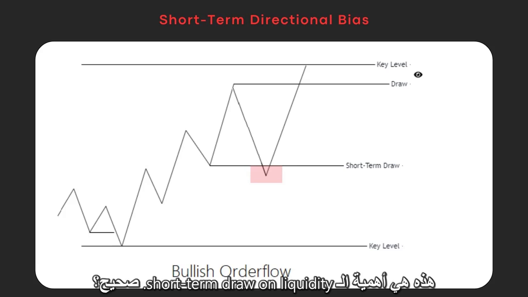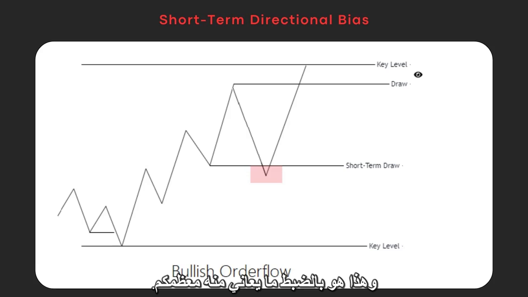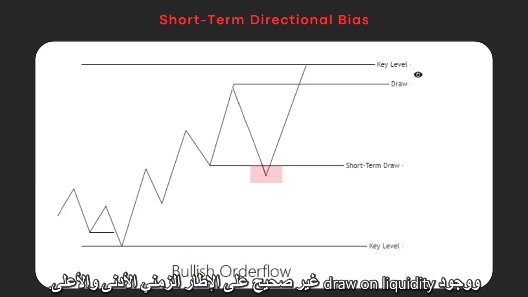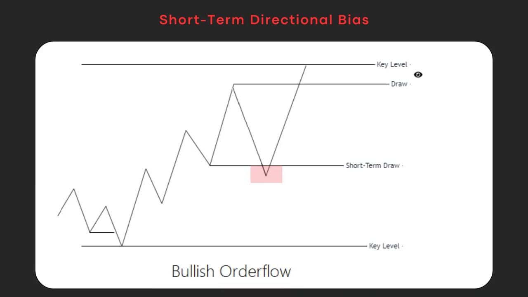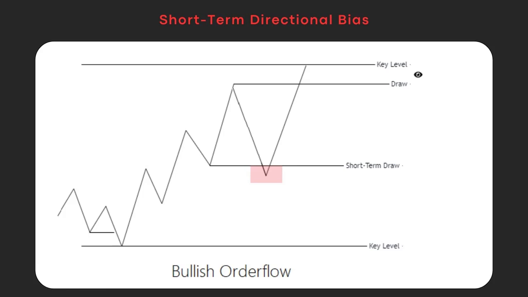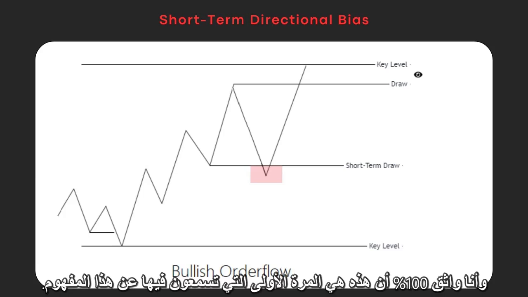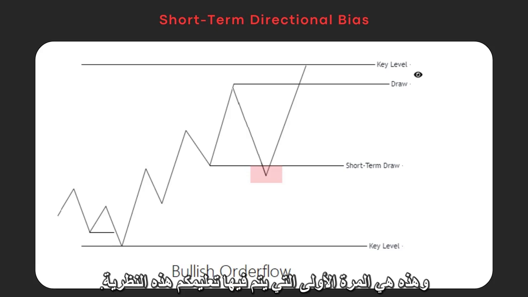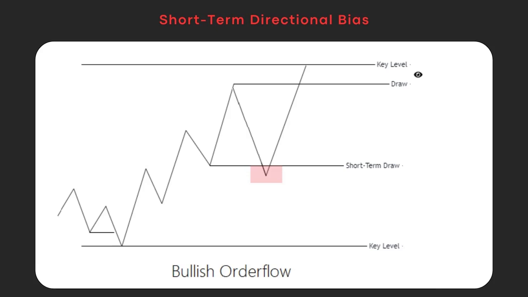This is the importance of short-term drawn liquidity, right? And that is exactly what most of you struggle with, right? That is why you keep having losses and incorrect drawn liquidity on the lower time frame and higher time frame, because you aren't aware of the types of drawn liquidity, right? And I'm 100% confident that this is the first time you are hearing about this concept, and this is the first time you have been taught this analogy, and that is the reality of the markets.